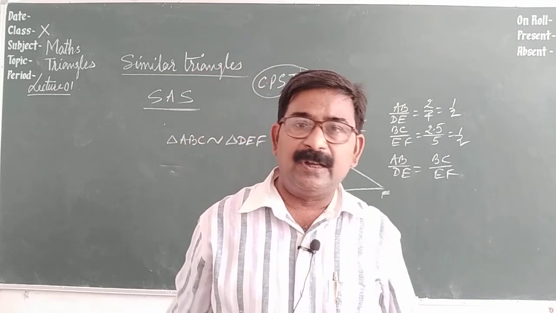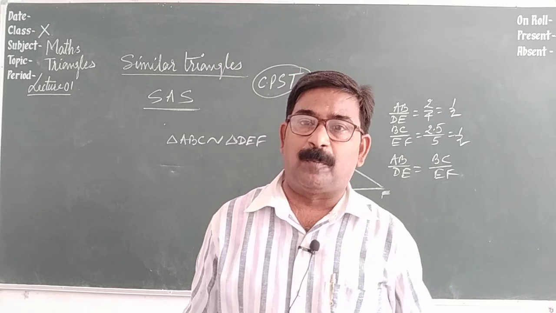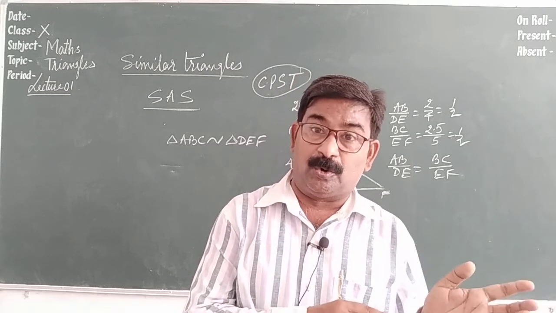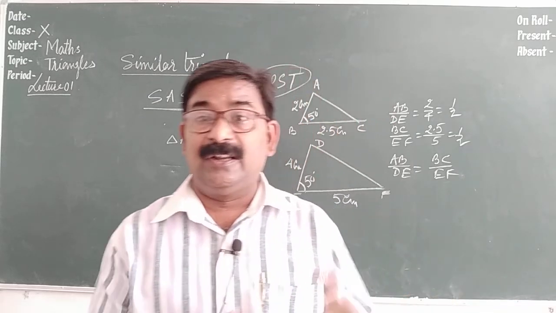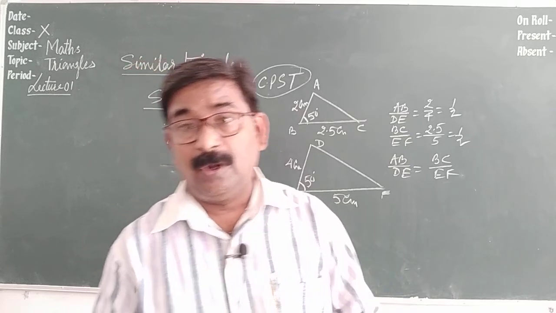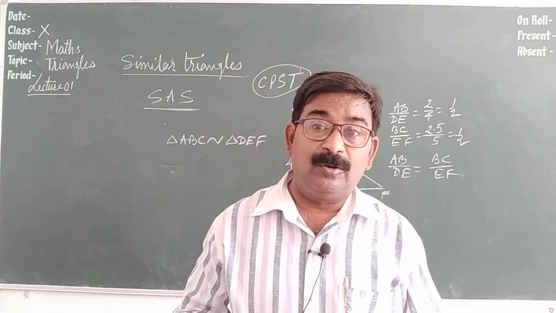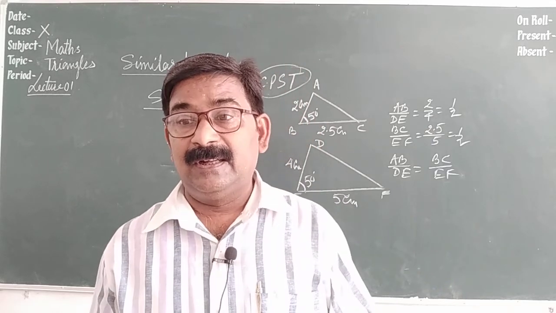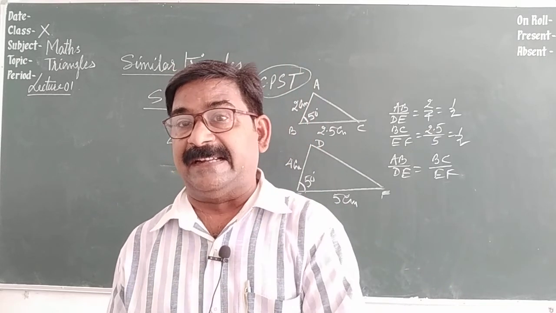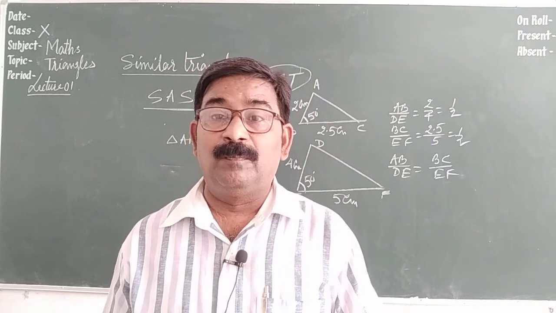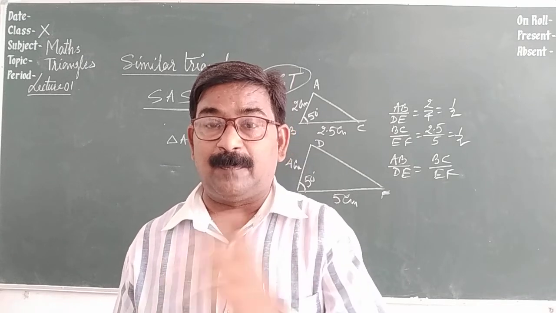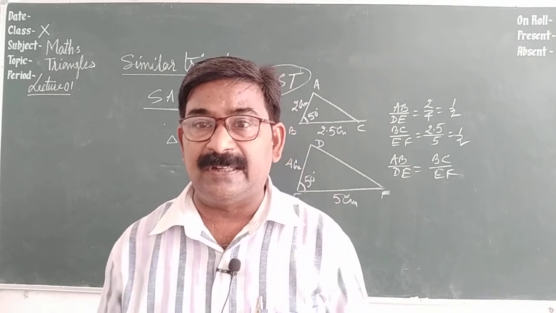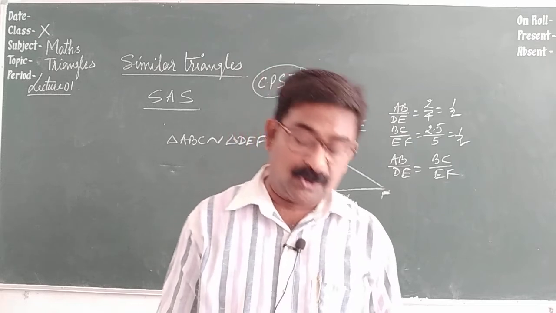What is the difference between ratio and proportion? Because I am talking about ratio here, ratio of sides, ratio of angles. But when we express this, the ratio of corresponding sides, we say the sides are proportional. So what is the difference between ratio and proportion?